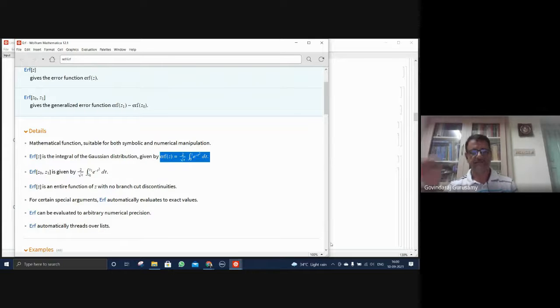So it is difficult to get a closed form for it. The limits are 0 to z, for any given value of z, of e power -t square dt. That is what the error function is. Like that, you have to probe and understand more about the functions.